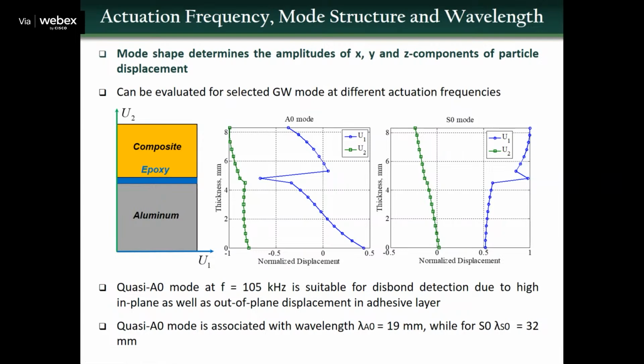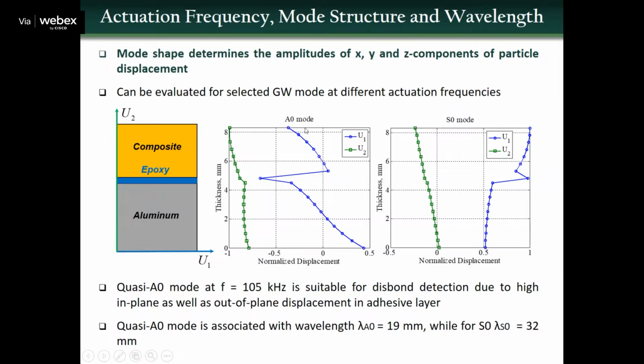So this slide shows you the study of actuation frequency, mode structure, and wavelengths. The mode shape determines the amplitude of XYZ components of the particle displacement, and it can be evaluated for selected wave modes at different actuating frequencies, as you can see from the previous slide.